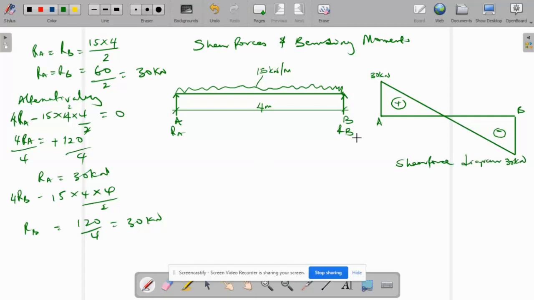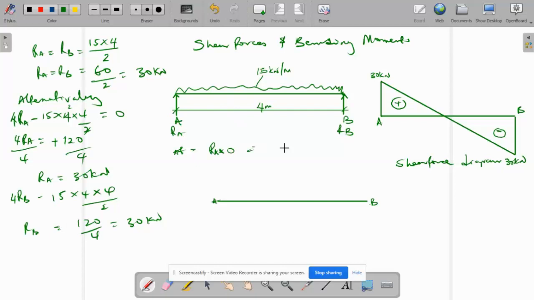So the next thing we consider is the bending moment. For our bending moment diagram, draw a line also, and at this point we have A and we have B. So our bending moment at this point, since it is simply supported at A, will be equal to reaction A. The reaction A, this lever arm is 0.